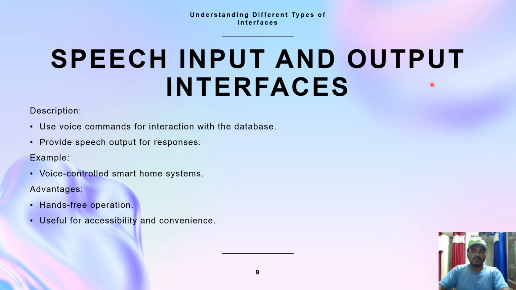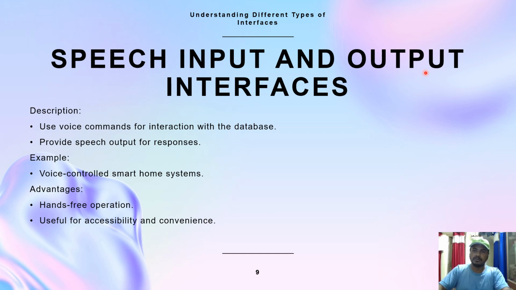Then speech input and output interfaces, like we have previously seen. So the description is use voice commands for interaction with the database, provides speech output for responses. Example, voice control smartphone system. Like you have seen using various IoT systems, a smart home system, where using your voice you can command to switch on or off your lights or fans or AC, something like that.